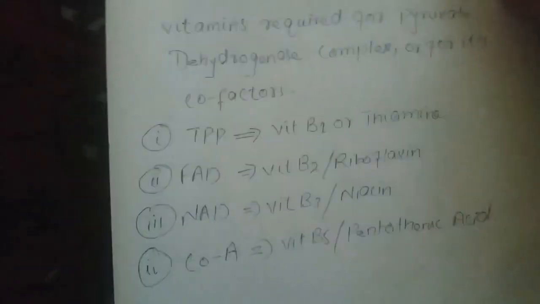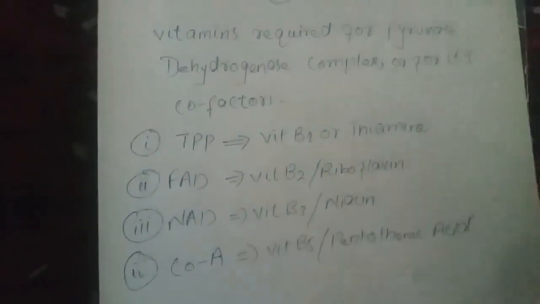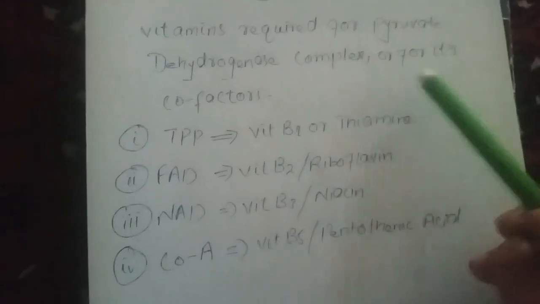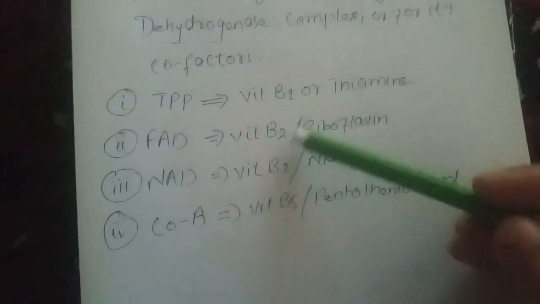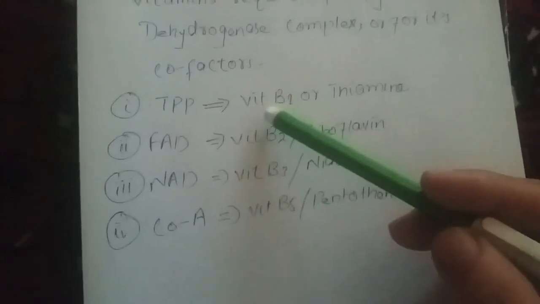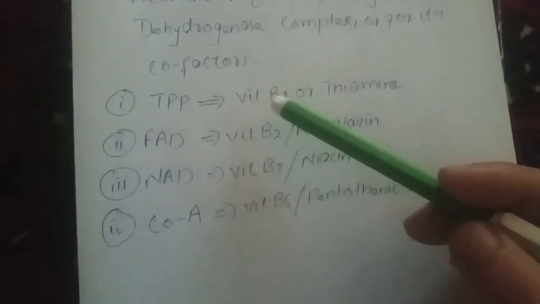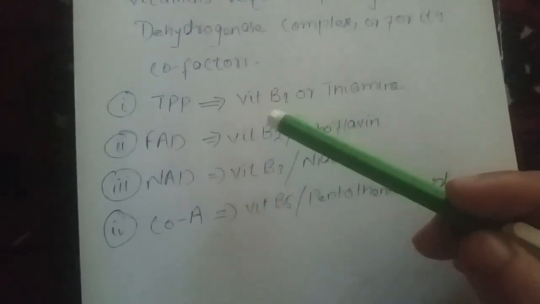Next we will study some vitamins which are required for the pyruvate dehydrogenase complex, or for the formation of its cofactors: vitamin B1, vitamin B2, vitamin B3 and vitamin B5. These four B vitamins are required for the formation of the cofactors of the pyruvate dehydrogenase complex.